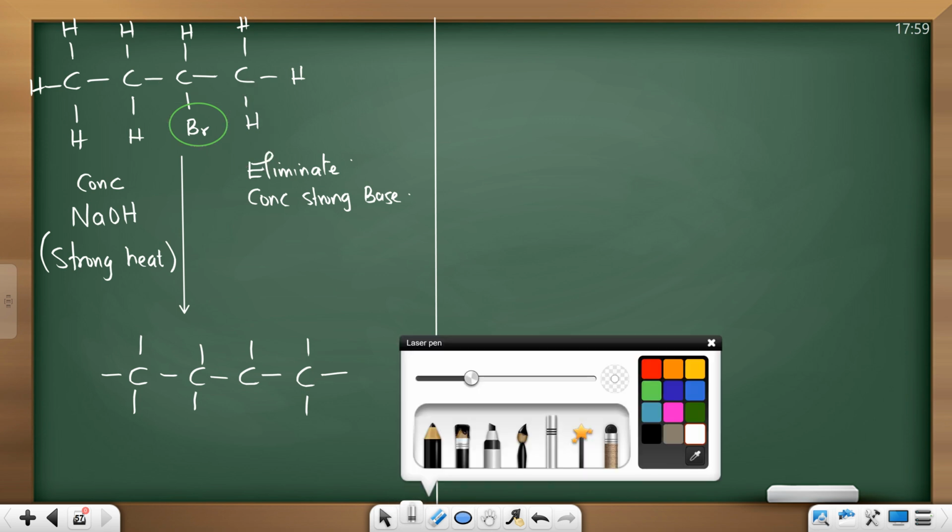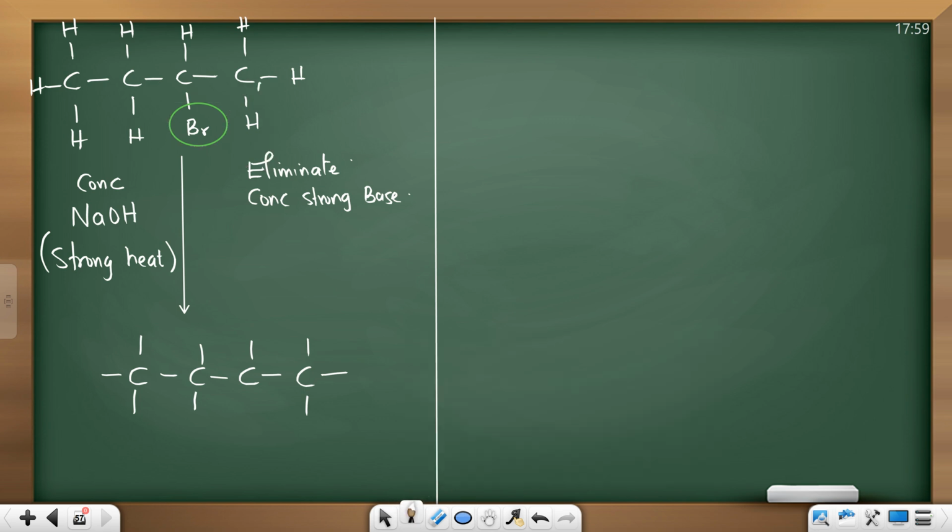Okay, let's call this carbon 1, carbon 2, carbon 3, and carbon number 4. So from my carbon 2, do you notice I have removed the BR? But I cannot just remove the BR because I want to have a double bond now. One hydrogen must go.